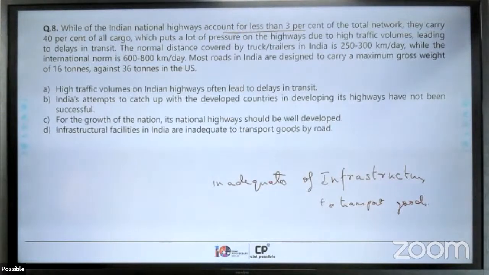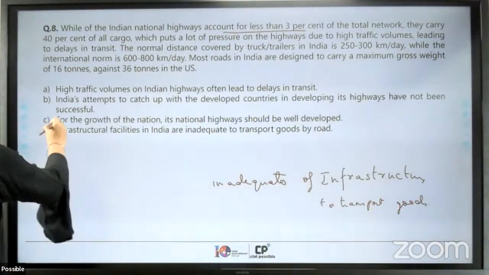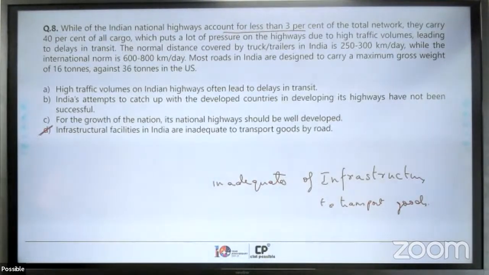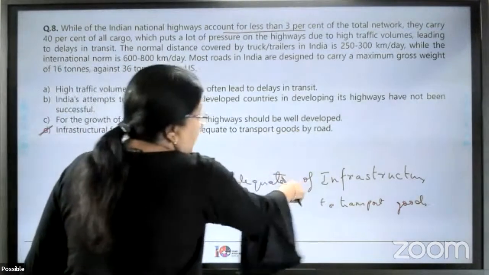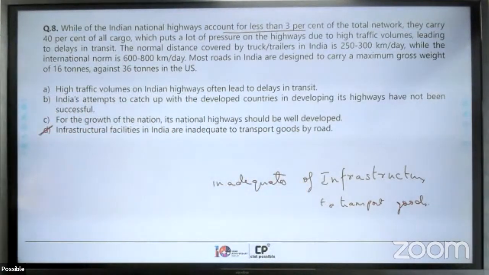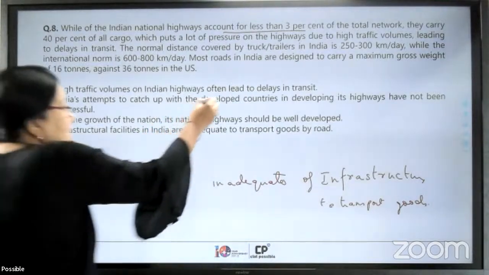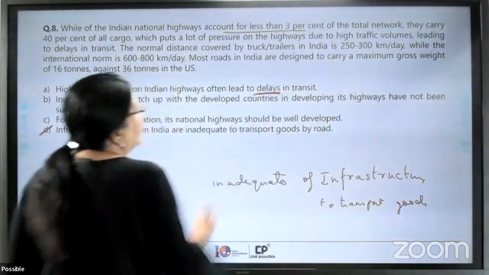So ab, can I just have a look at my answer choices? Now if you really look at my answer choice for the 8th one, answer will be D. Inadequate to transport goods by road. देखो मैंने यही करा. And now have a look at your option A, it is only a support idea. High traffic volumes in India often lead to delays. This is a new idea also, delays.